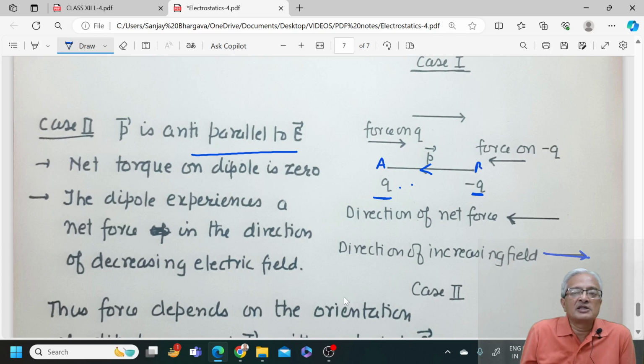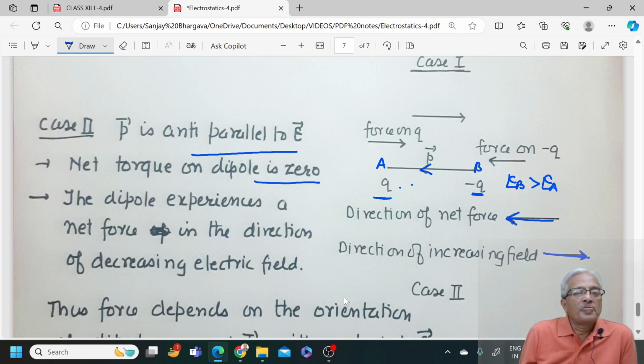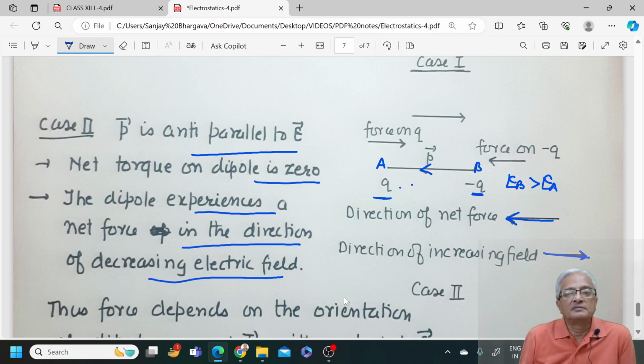If this is A and this is B, then once again the electric field at B would be greater than at A. So the net force would be in this direction. The direction of the net force has changed. Net torque on the dipole is 0. The dipole experiences a net force in the direction of decreasing electric field, that is to the left.